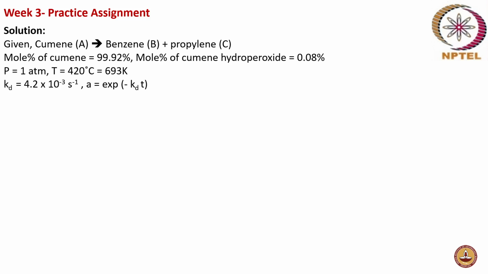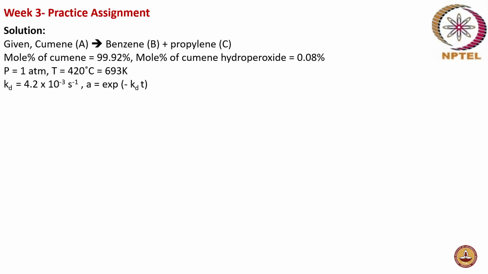Then the decay constant is given as 4.2 times 10 power minus 3 second inverse. They have mentioned that the decay rate is first order, and it is independent of the reactant concentration and product concentration.